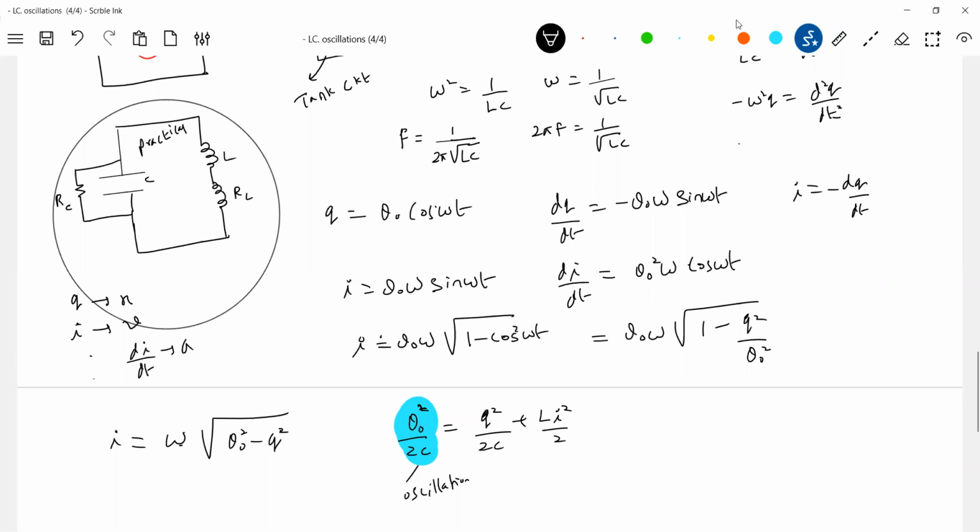Now what do you mean by oscillation energy? The energy which we feed to the circuit, or the energy which we give to the circuit. With that it will continue, like in SHM. What is oscillation energy in a spring block system? You are going to displace the block, no? And the spring will get elongated by x naught. Then how much energy is there in the system now? K x naught square by 2.